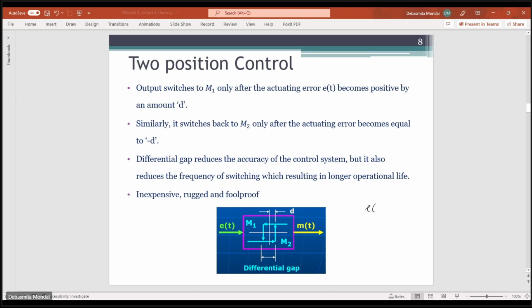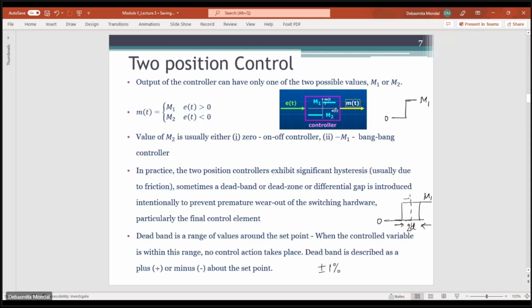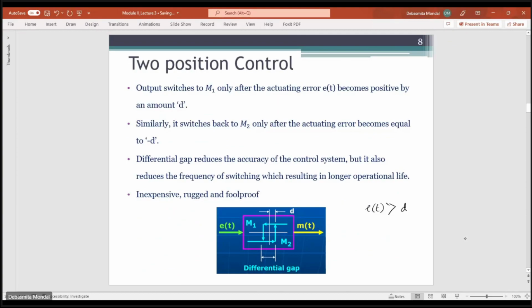So if E(t) is greater than D, where the whole gap here is 2D and this part is D, then the output switches to M1. And similarly it switches back to M2 when the actuating signal becomes less than minus D.